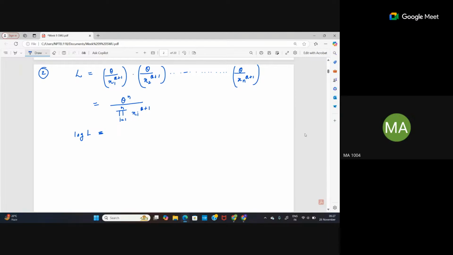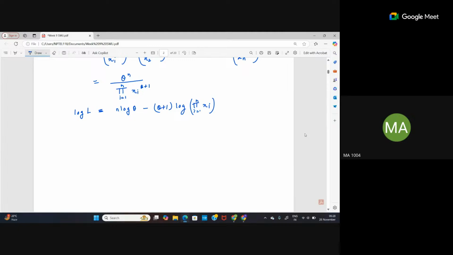So now it will be n log theta minus theta plus 1 times log of the product of xi. Any confusion in this? No, ma'am.